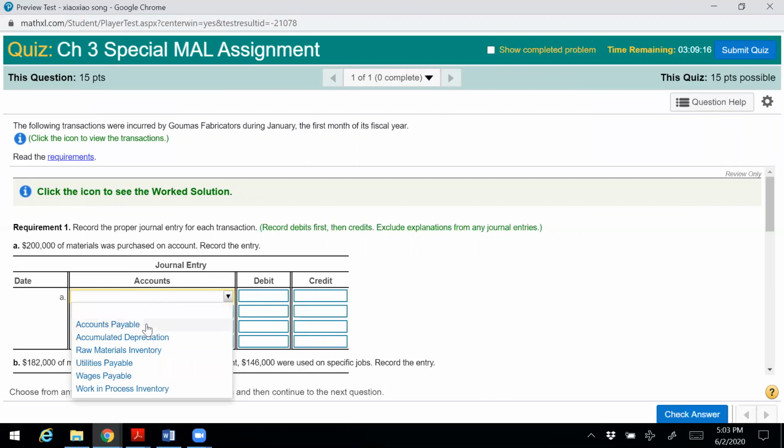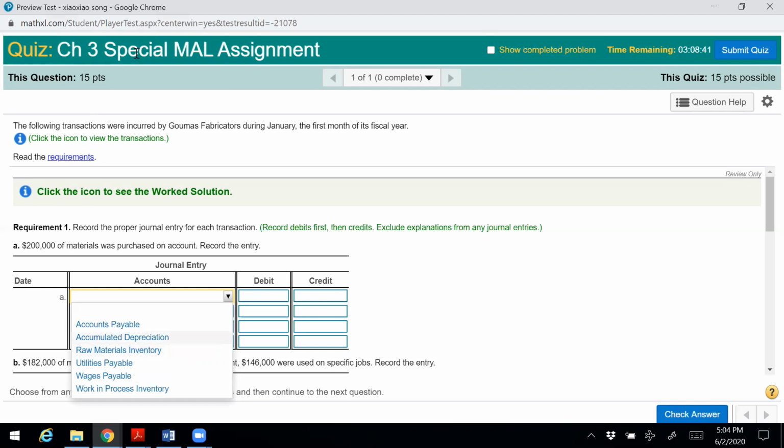Here, if you put material inventory instead of raw material inventory, it would be fine, but now it's standardized. You don't have another choice. I'm saying sorry if you do not like this specific format. Ideally, I want you to handwrite the question so I can grade it and put my notes there, but we use an online format, so you have to follow the textbook.